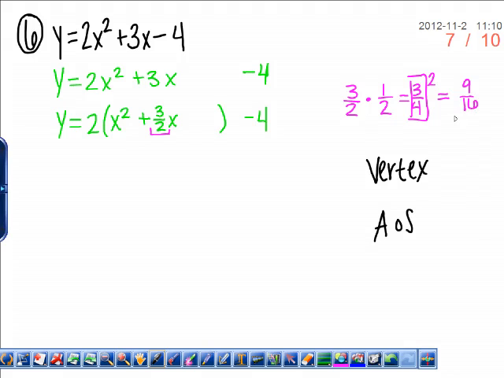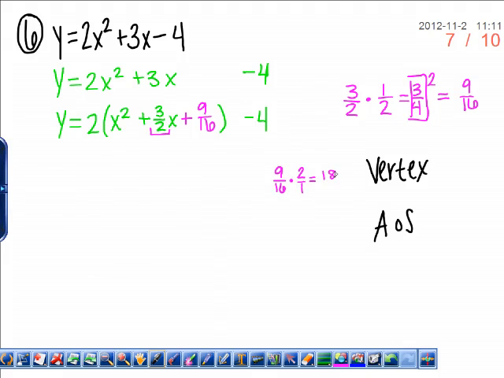9/16. Write it plus 9/16. All right. In order to counteract it, we've got to figure out what we've actually done, right? So we've really plugged in 9/16 times 2. So 9/16 times, can I put this as 2 over 1?